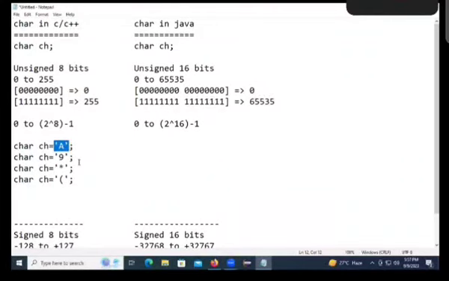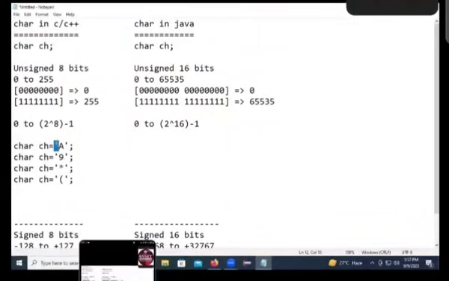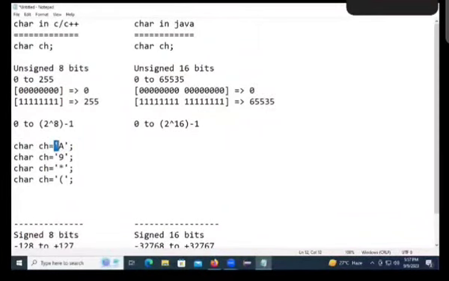Now, how is it represented in computer memory? Every character has a value. When you say char C is equal to 'A', it has got a value. That is called the ASCII value. The ASCII value of A is 65.